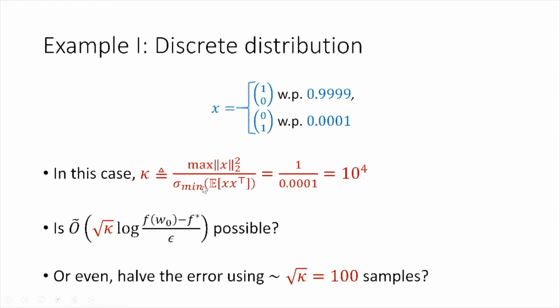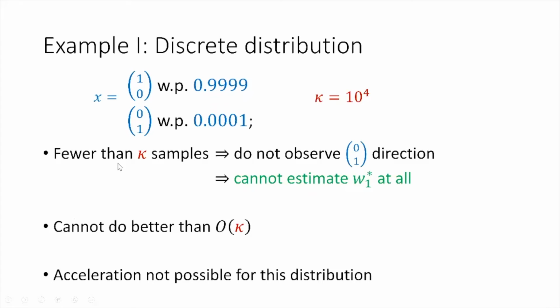The question we are asking is whether a convergence rate of square root of condition number times a logarithmic factor is possible. This is equivalent to asking whether we can bound the error using a square root of the condition number, or 100 samples. What we first observe is that if you have fewer than 100 samples, we do not observe this element at all.